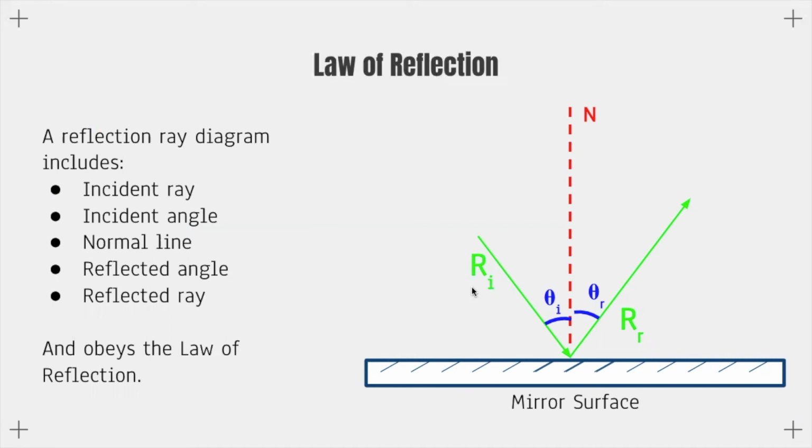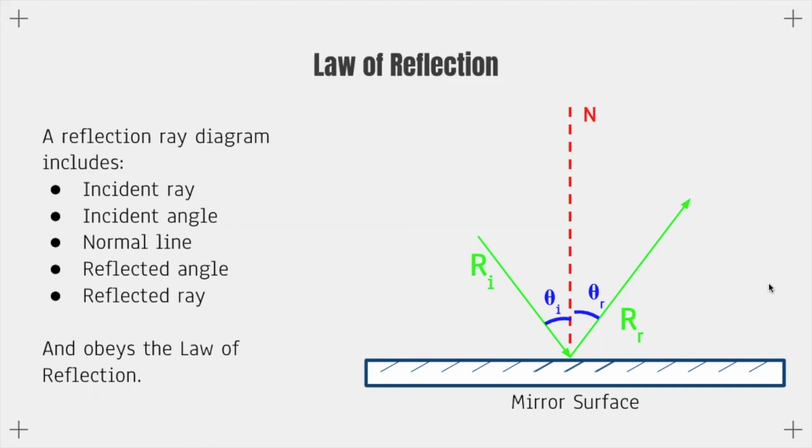The incident angle is theta I. The normal line is this dotted red perpendicular line. The reflected angle, that's theta R. And finally, the reflected ray.